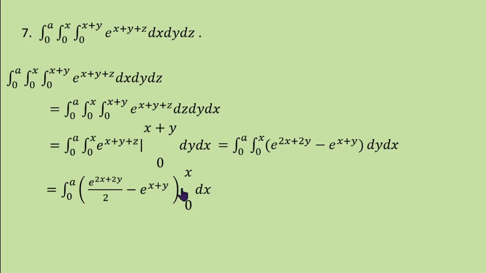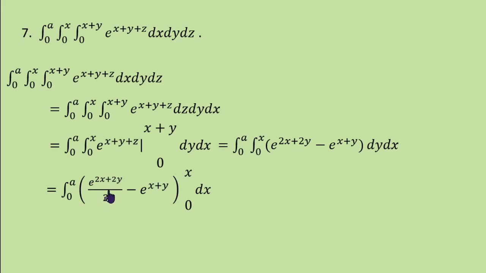So its limit for y is 0 to x, because you integrated with respect to y, apply the limit for y, not for x. Upper limit of y is x, therefore e power 2x plus 2x, y becomes x, so it is e power 4x by 2, upper limit value. Then minus lower limit of y is 0, that is e power 2x by 2. So e power 4x by 2 minus e power 2x by 2, and then apply the upper and lower limit for this function. Y is x, so e power 2x.